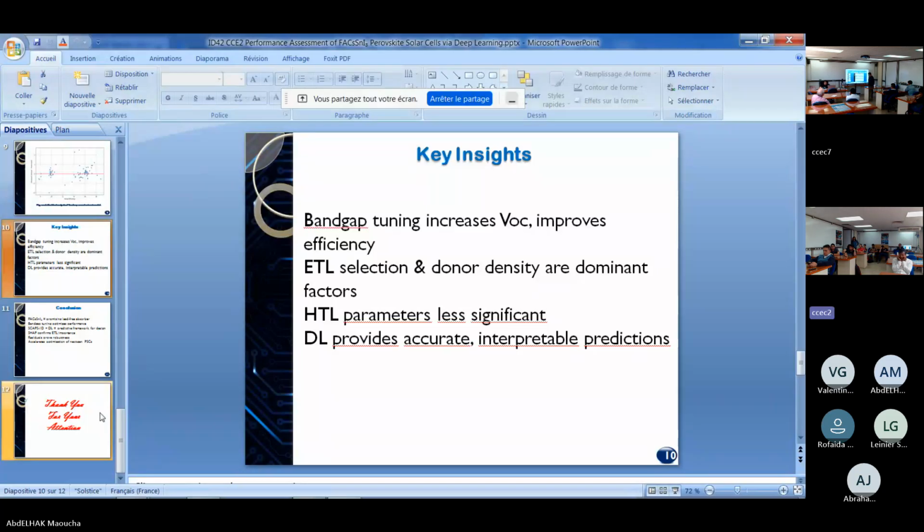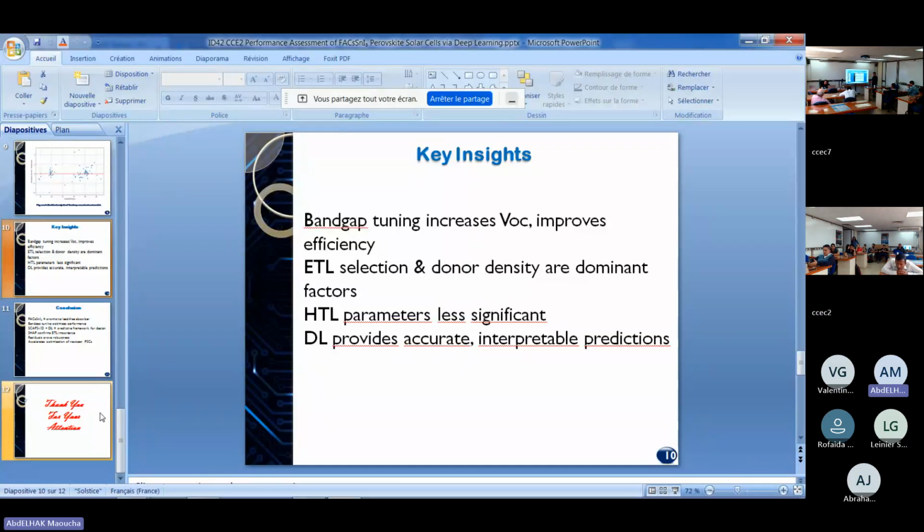Okay. I think it would be good to review what you are doing, but I don't believe that the HTL parameters are less significant.